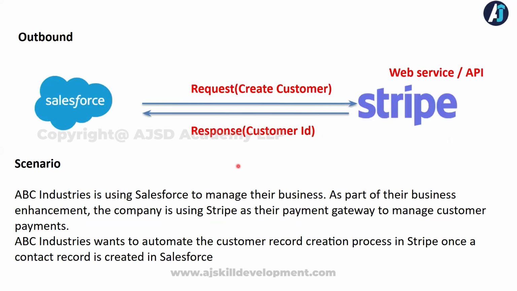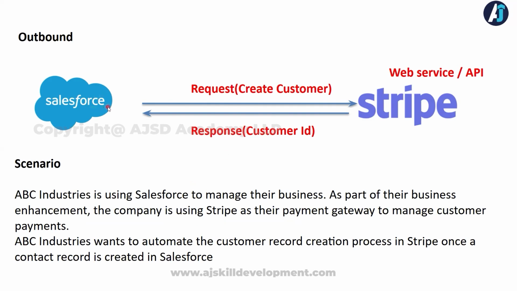For example, in this particular use case demonstration, we are going to use Salesforce and Stripe. Stripe is basically a payment gateway which we will be using in the integration videos to do the end-to-end integration between Salesforce and Stripe. In your presentation, you are seeing Salesforce is making a request to Stripe, right?